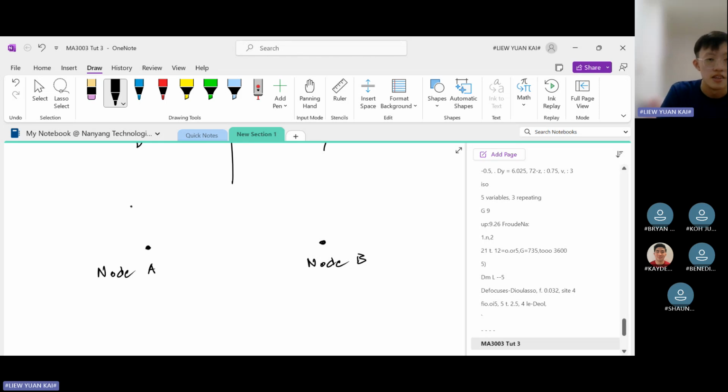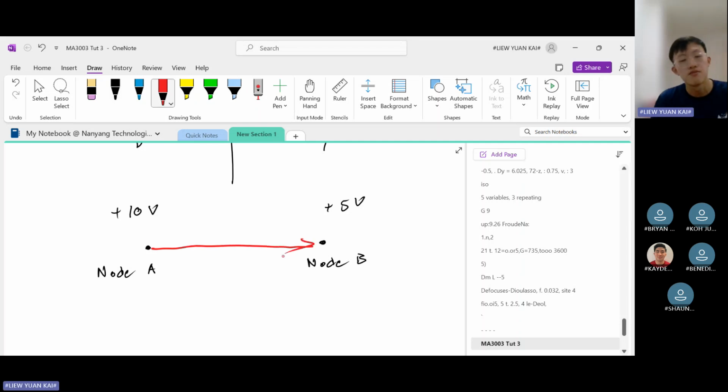Let's say this is positive 10 volts, and this is positive 5 volts. They have a difference of 5 volts, so I can drive a current from node A to node B. It always flows from higher potential to lower potential.